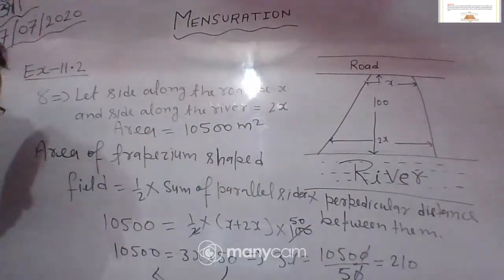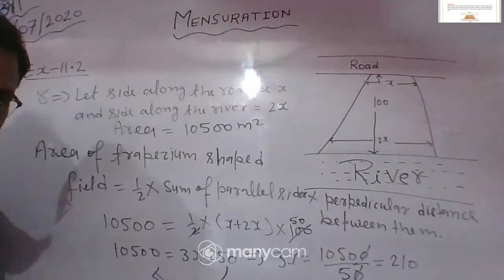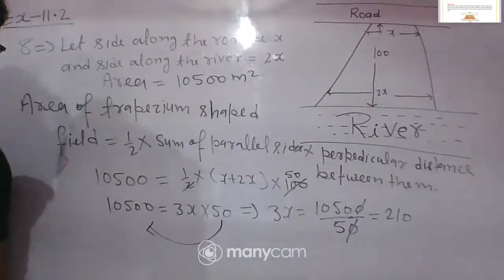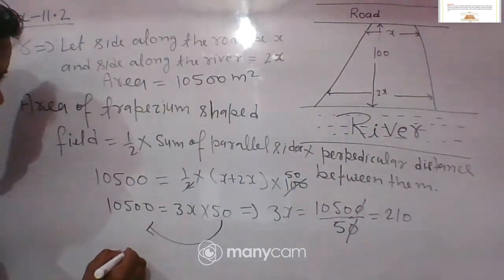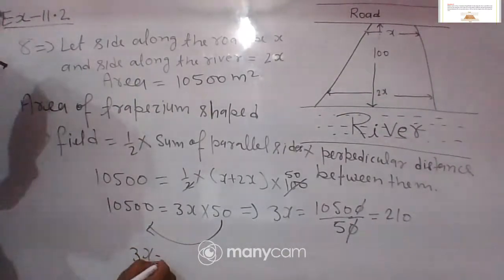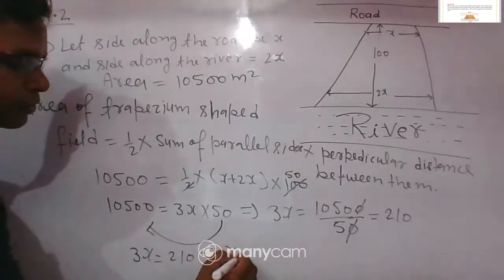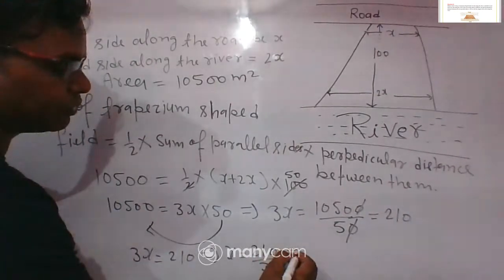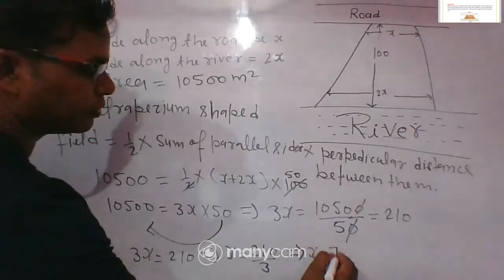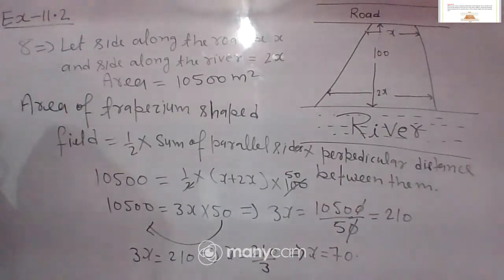This is clear? Now you can write here 3x is 210, so x is equal to 210 by 3. So you find here x is equal to 70.